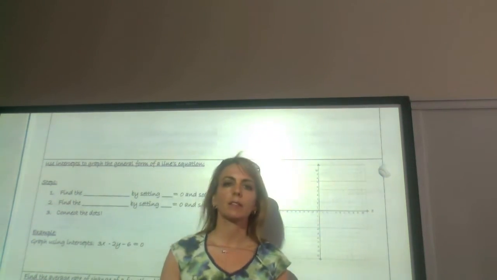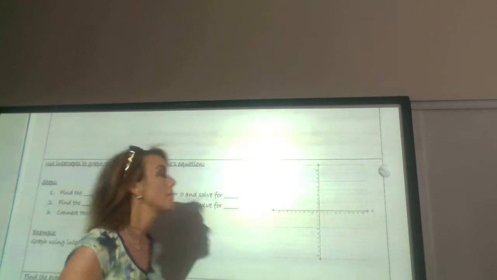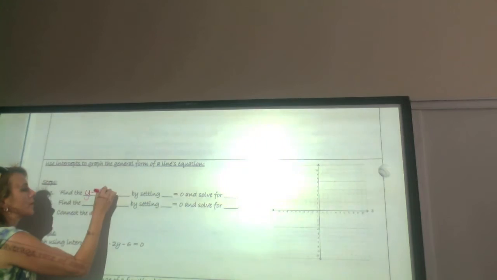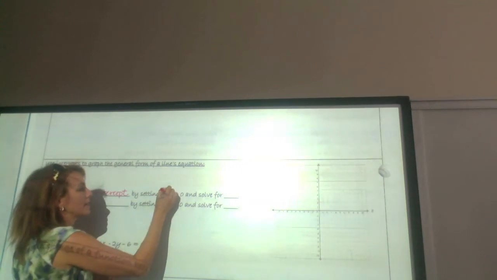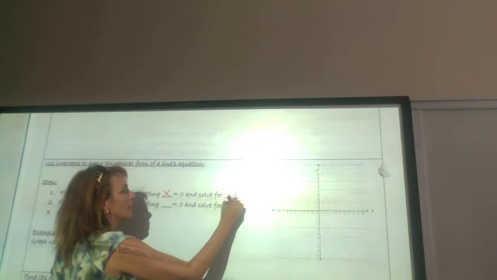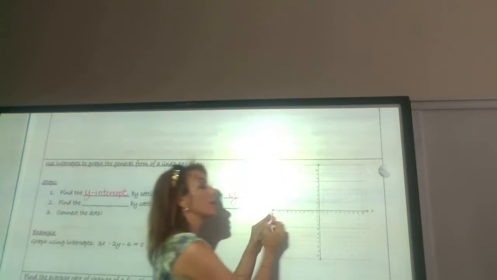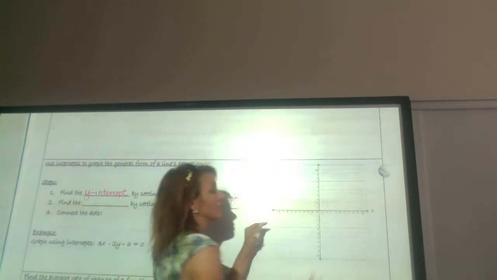What that tells us is I can find the y-intercept of any line by setting my x equal to 0 and solving for y. Likewise, if you think about your x-intercepts, all of these are going to have y values of 0.